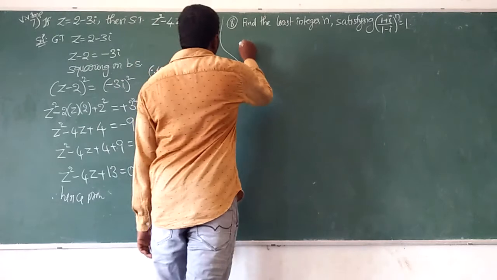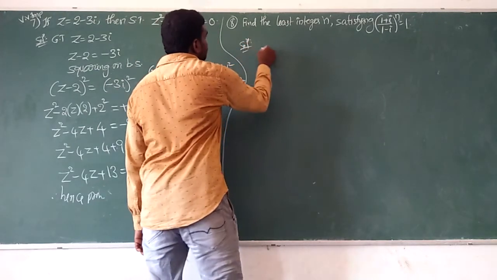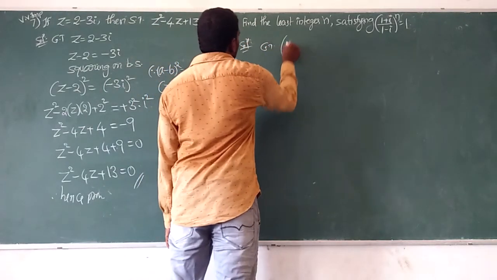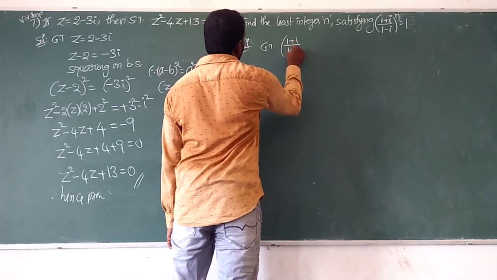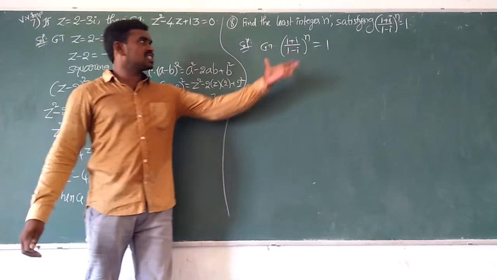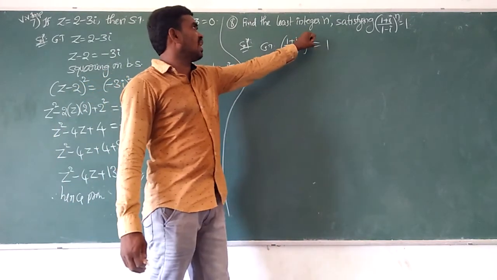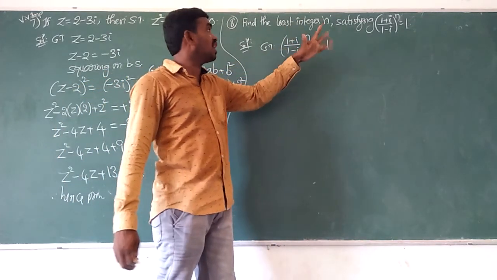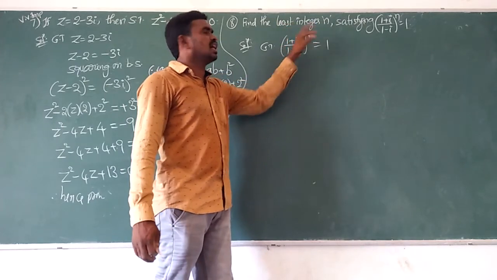First of all, simplify what is given. The statement is given. What is the n value? Not only the n value, what is the least n value? This is what is asked.